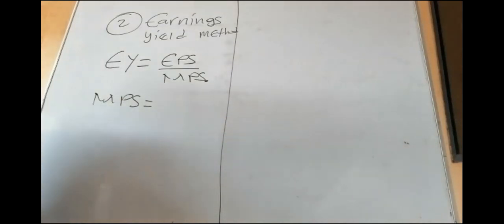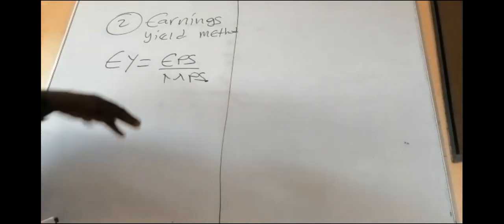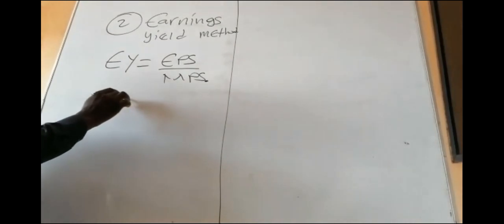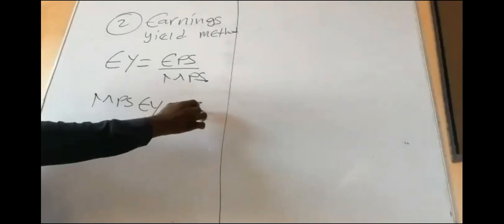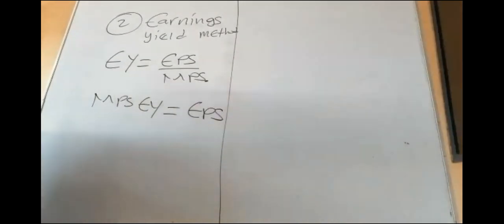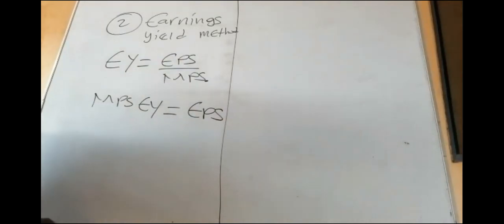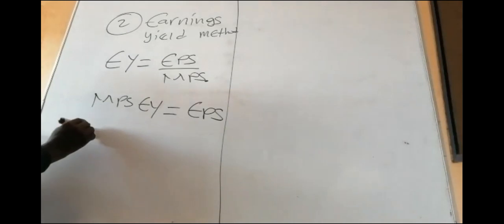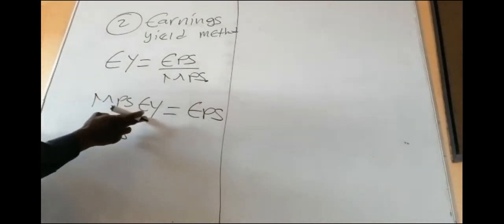MPS times earnings yield is equal to EPS. You multiply both sides by the market price per share, and then divide both sides by earnings yield.